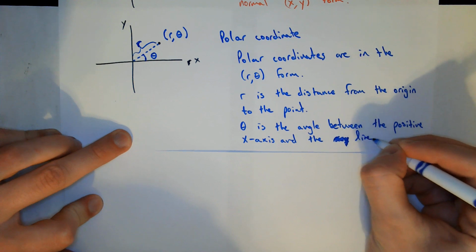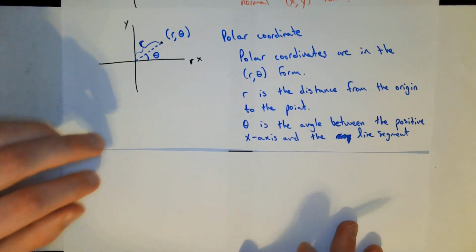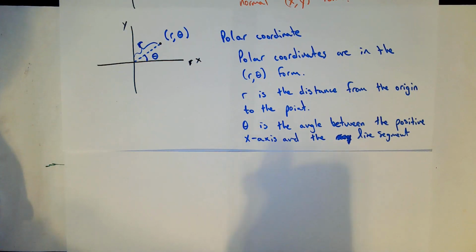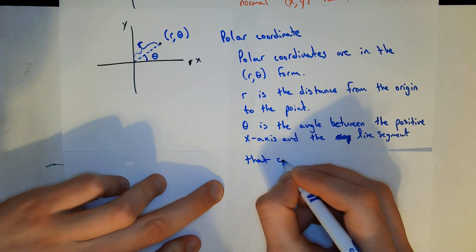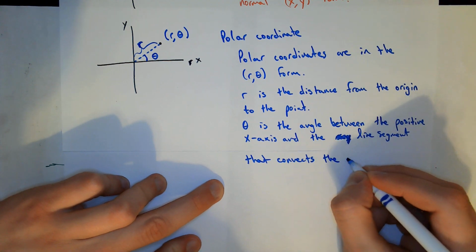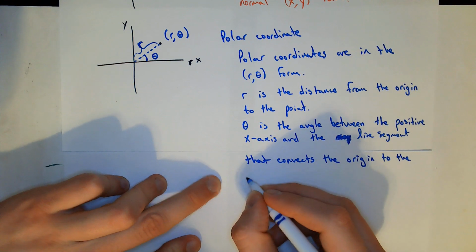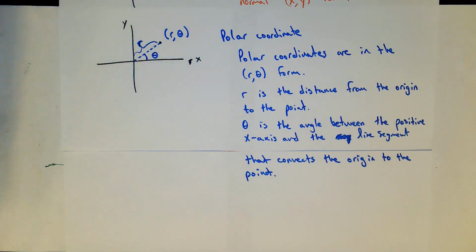Line segment, sorry. I'm thinking angle, that's why I said ray, but it's not infinite, it's finite. It ends at a point, so it is a line segment. The line segment that connects the origin to the point. What point? Well, the point in question, right?